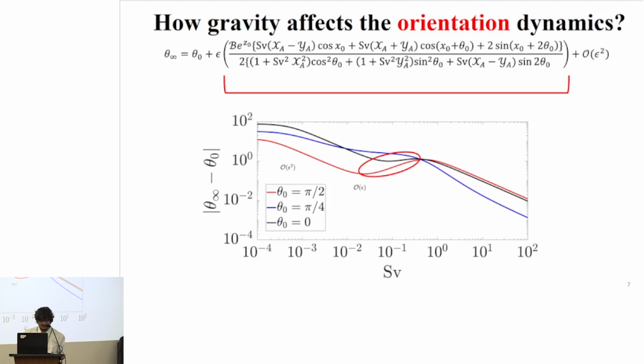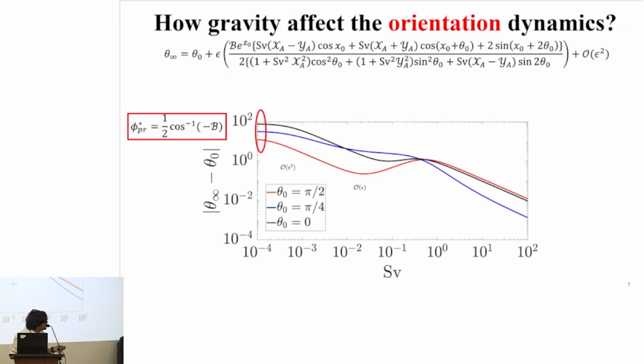For a lower value of settling number, the regular perturbation expansion is able to capture the orientation dynamics. But at a negligible value of settling number, the orientation is given by the fixed point, which depends only on the shape of the particle, which means that whatever the initial condition you have, the particle will have a single steady orientation if you keep the shape of the particle fixed.